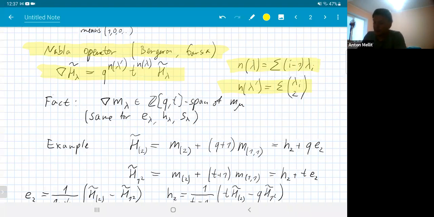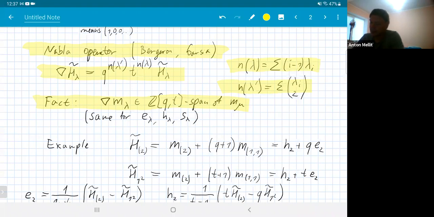So first interesting fact about this operator, although if you want to compute it, as you will see in the example, in order to compute it, you need to use rational functions in Q and T, but it turns out that applying Nabla to any symmetric functions mentioned above, you get a polynomial linear combination of symmetric functions without any denominators.